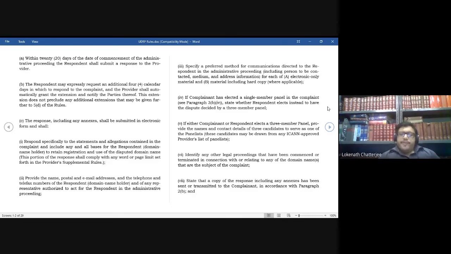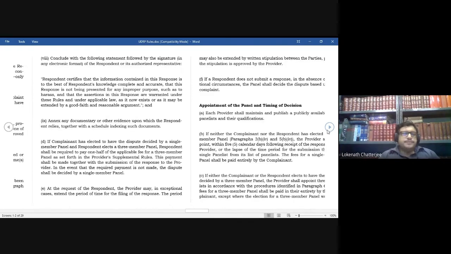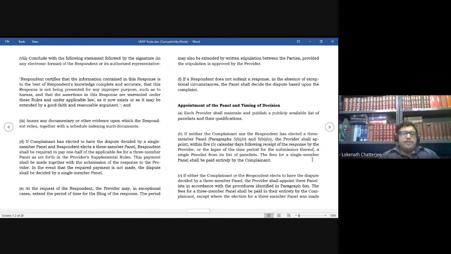Six is important, identifying any other legal proceedings, in case the complainant has not mentioned, that the respondent can mention. Moving on, again in a similar way, if you see 8 on the left hand side, conclude with the following statement followed by the signature in any electronic format of the respondent or its authorized representative.